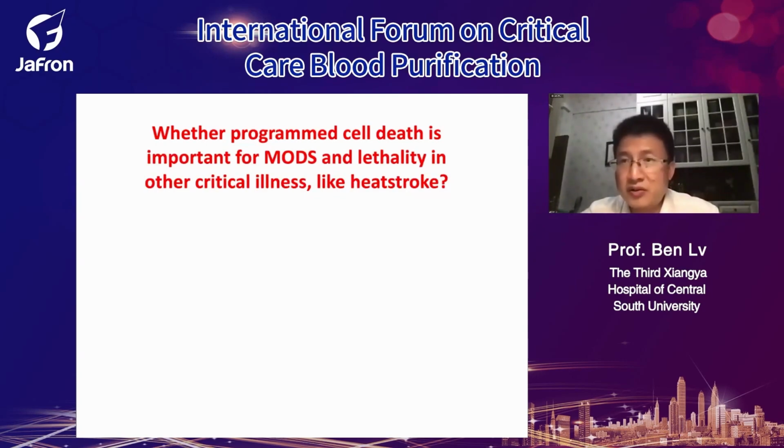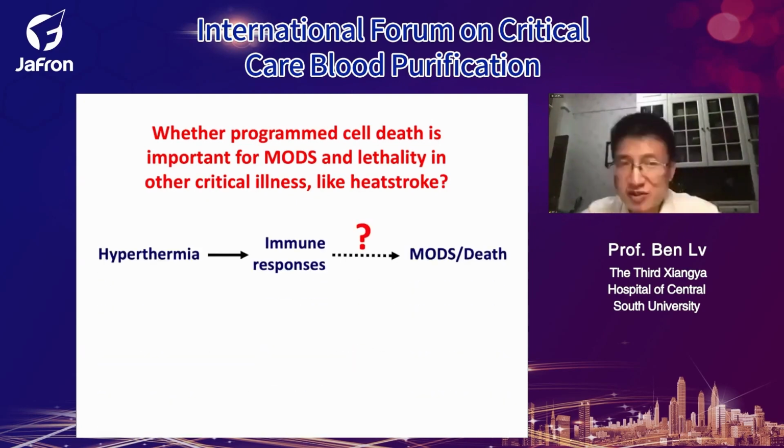So we found that programmed cell death is important for the development of sepsis. So whether programmed cell death is important for heat stroke as well. With this hypothesis, we tested whether hyperthermia does not directly cause MODS, but acts through a specialized immune response we call programmed cell death or immune cell death.